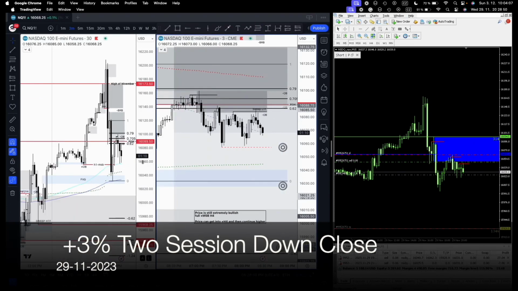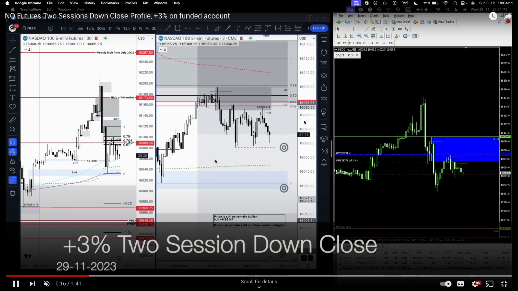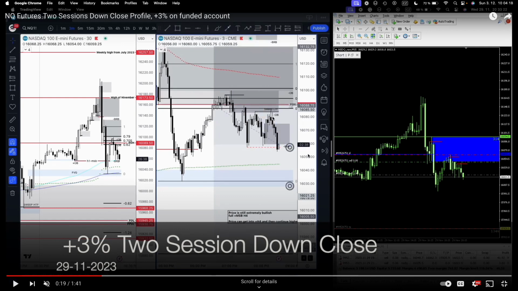Okay, so as you can see, I'm mapping out how the price is swapping, right? Swapping and making lower lows. At this point here, I just saw one thing when I stepped into the short here.